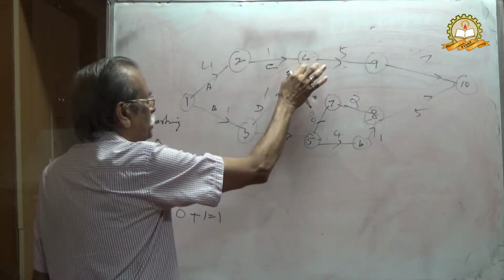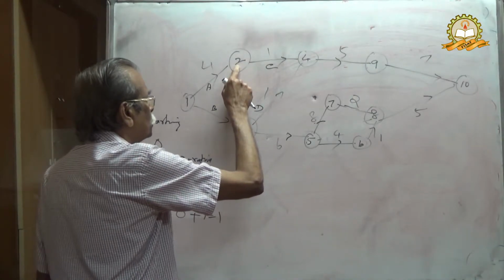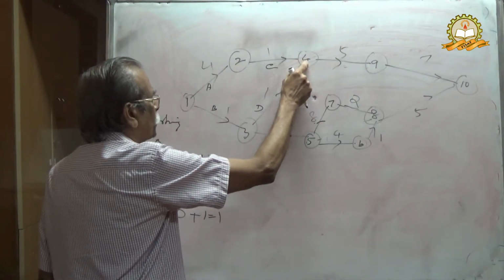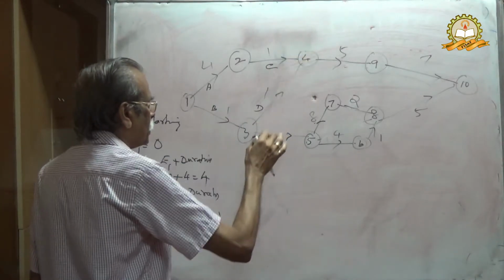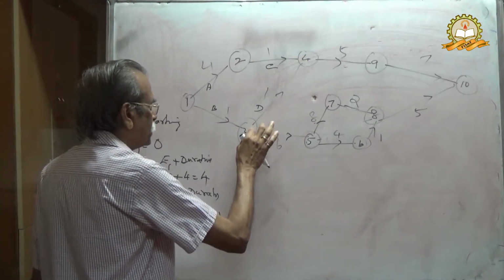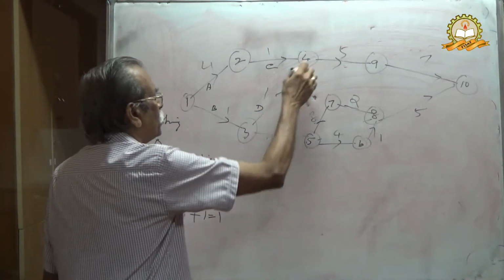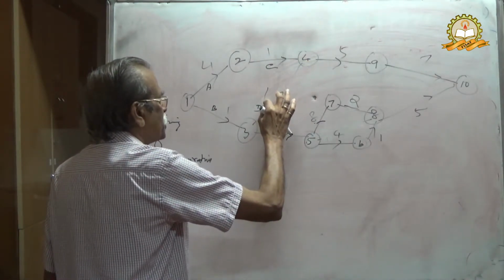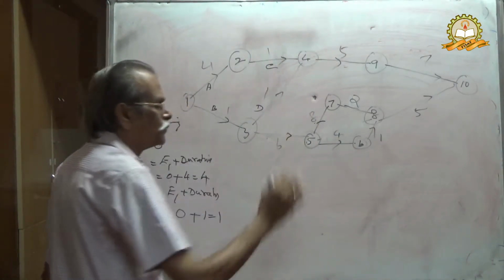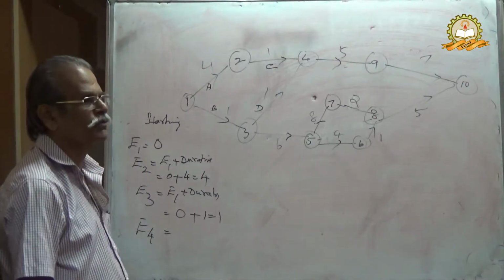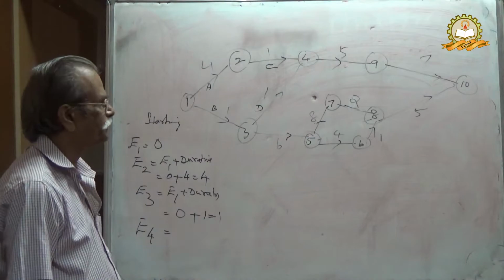That is, from event 2 reaching 4 through activity C, and from event 3 reaching 4 through activity D. Either you can reach from 2 to 4 or from 3 to 4.